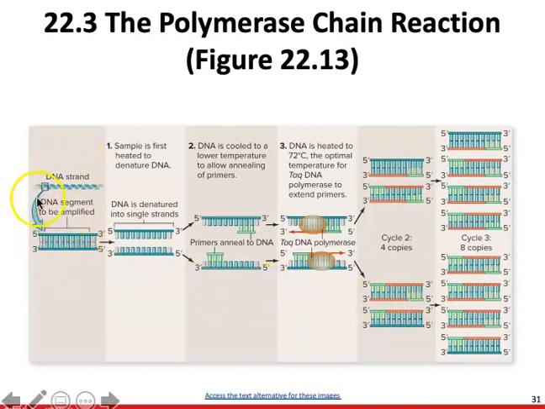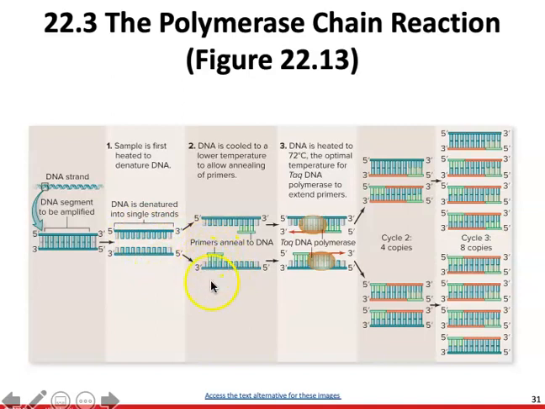So we start off with our single strand of our double-stranded DNA sequence. What happens is during the denaturation process, we are going to use heat to unwind and separate those two strands. When we separate those two strands, we end up with 2 single strands of DNA.